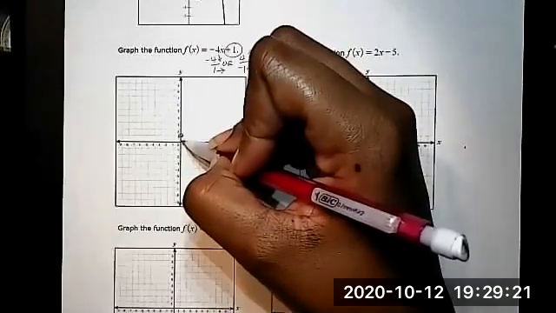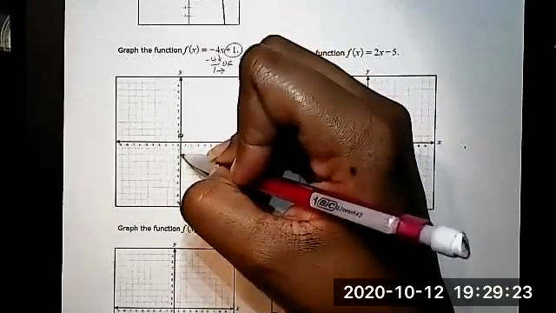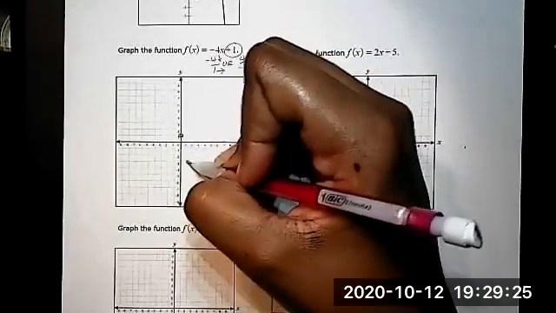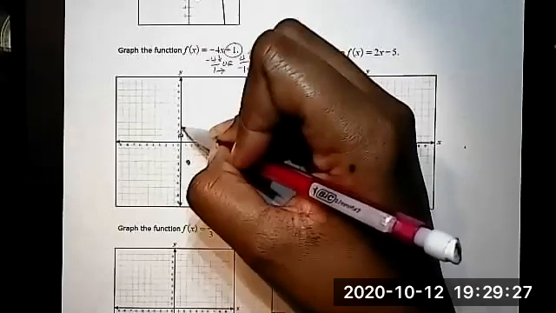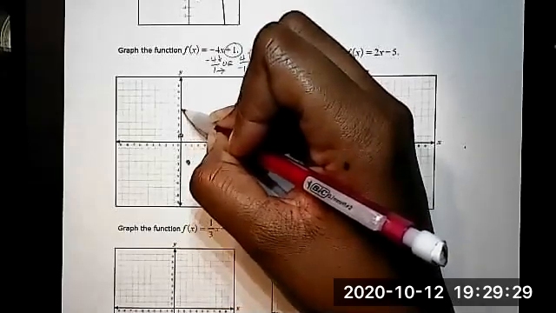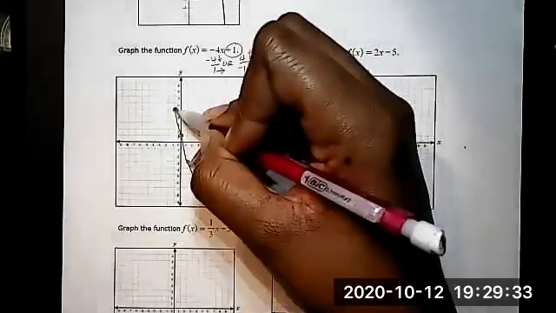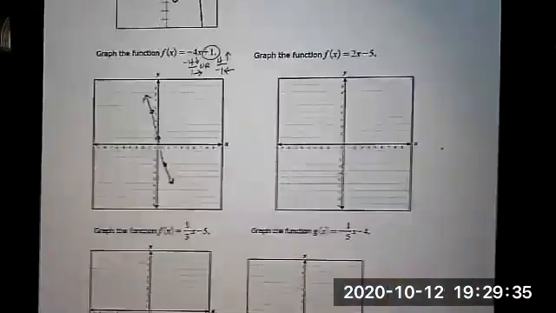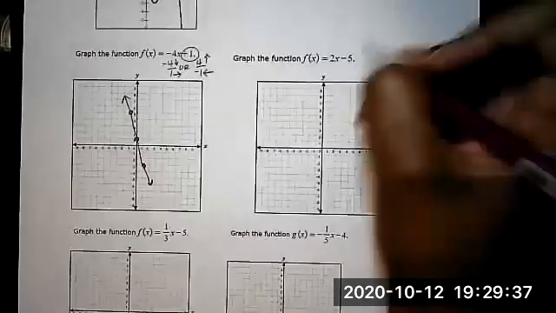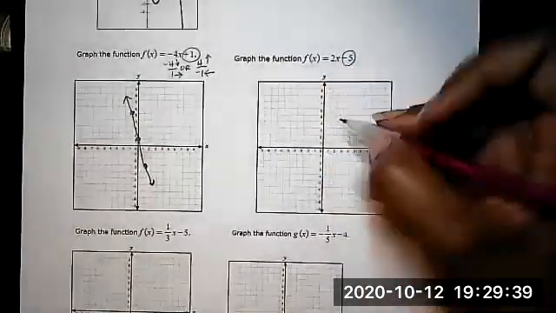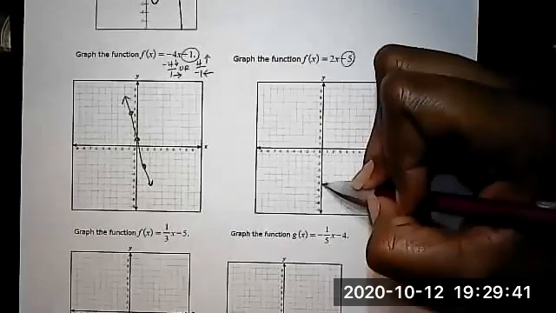So in this case, 1, 2, 3, 4 right 1 or 1, 2, 3, 4 left 1. Okay, same way we've been graphing over and over again. In this situation, the y-intercept is -5. So at -5, put a dot.